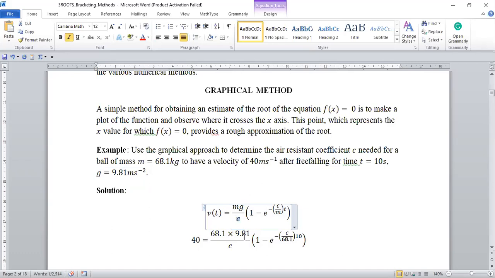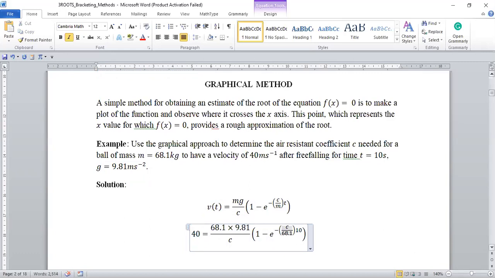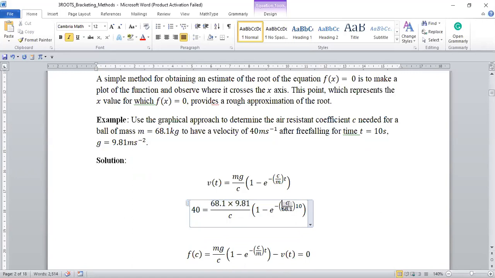The question is telling us that we should find the constant C. So, like I said previously, you can just substitute all these parameters because we are given all of them. You can substitute them into the original equation and try to find the value of C by making C the subject of formula. But I'm assuring you that if you actually do this, it's not possible.